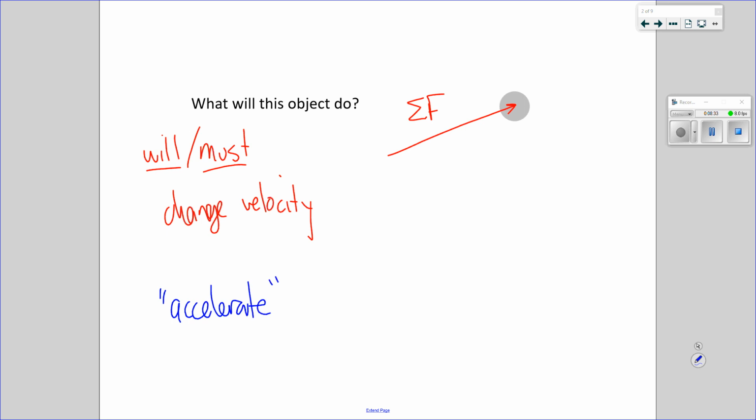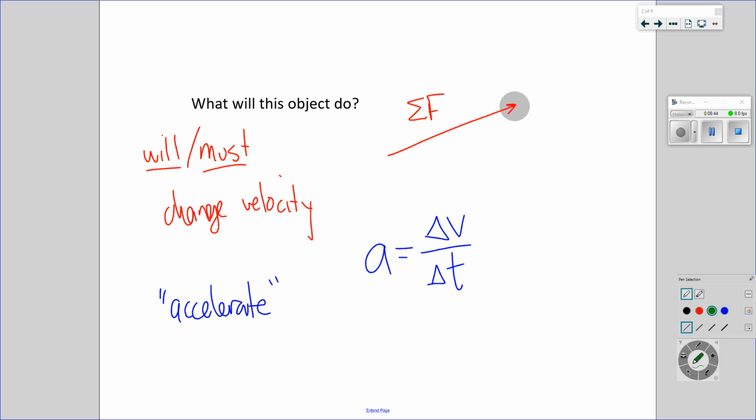Acceleration is not change in velocity, but acceleration is defined to be the rate of change of velocity, where acceleration and delta v are both vectors. Velocity is a vector, so delta v is a vector. And if delta v is a vector, then so is a.